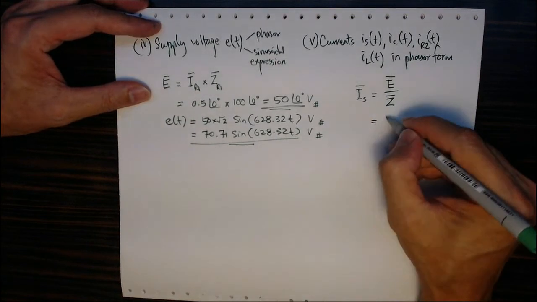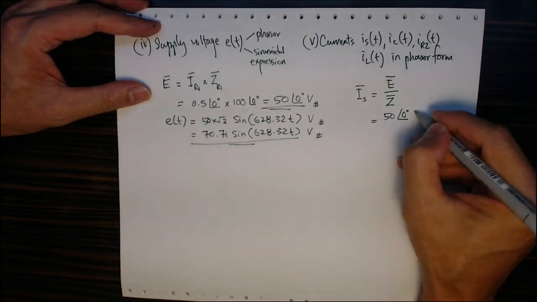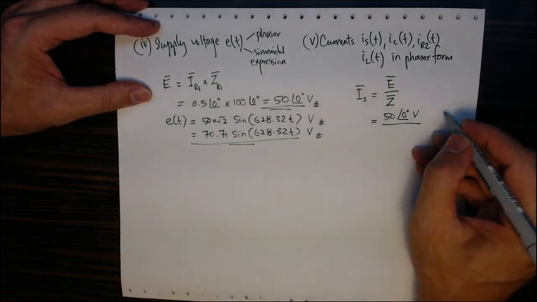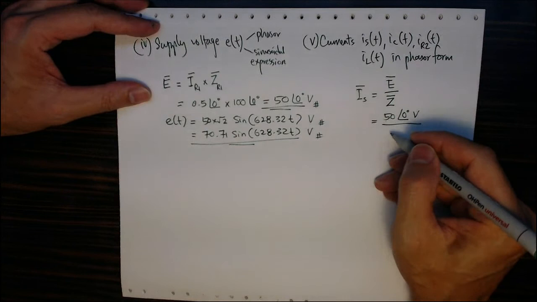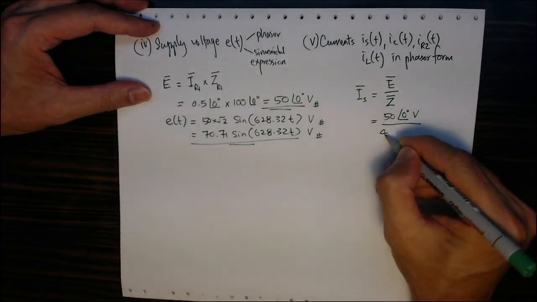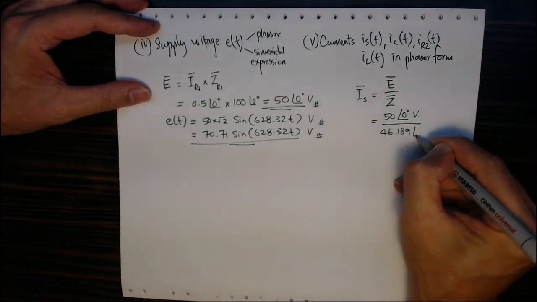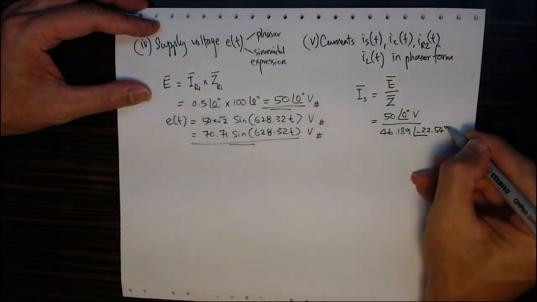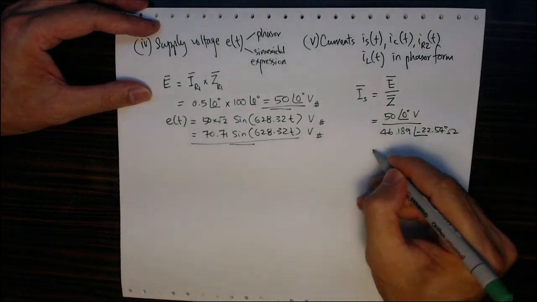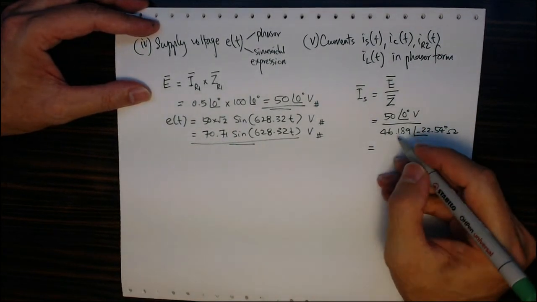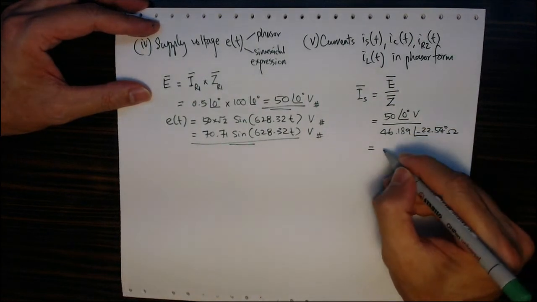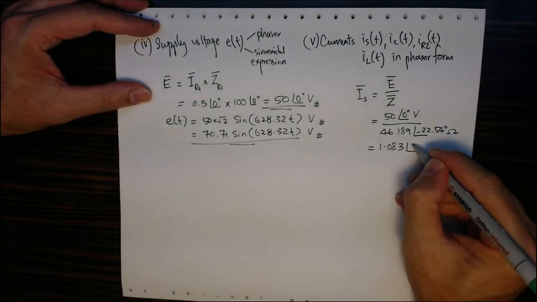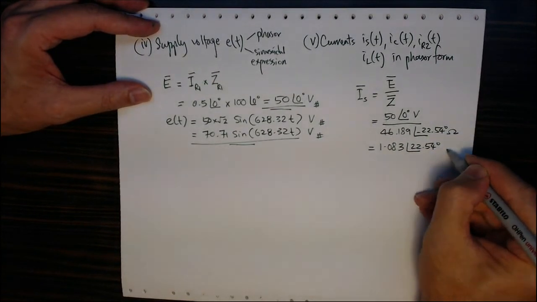So that's 50 angle 0 degrees volt over the total impedance that we calculated earlier, which was 46.189 with the angle of minus 22.54 degrees. That gives me 1.083 angle 22.54 degrees ampere.